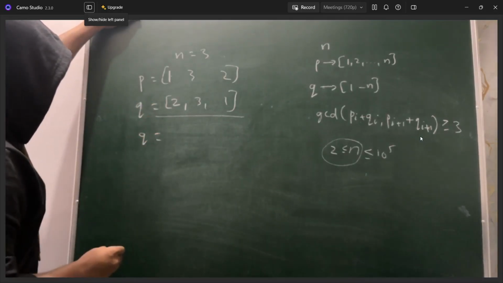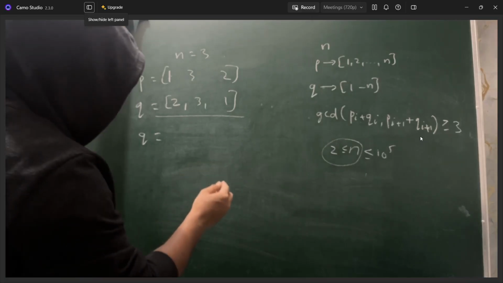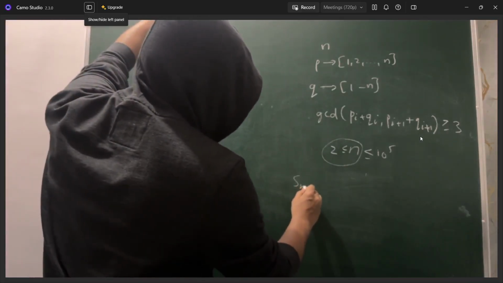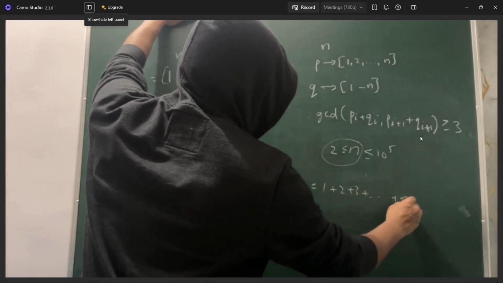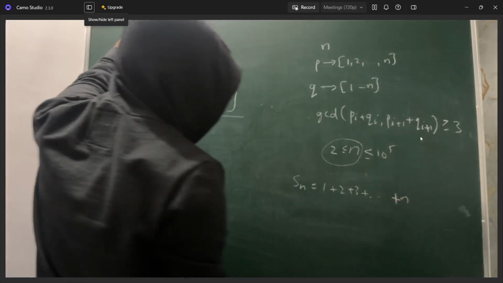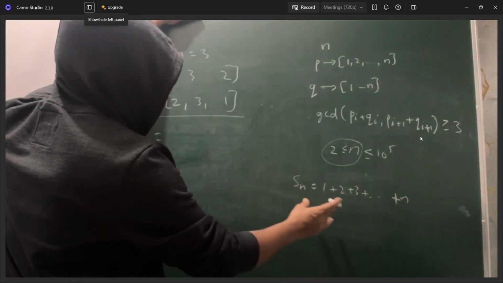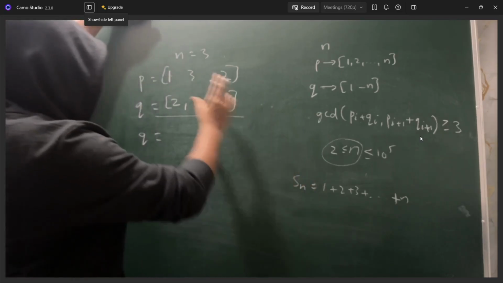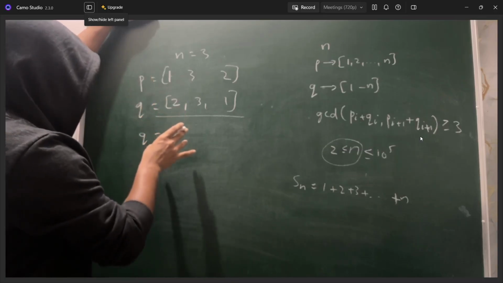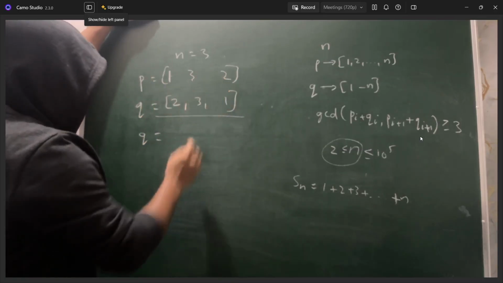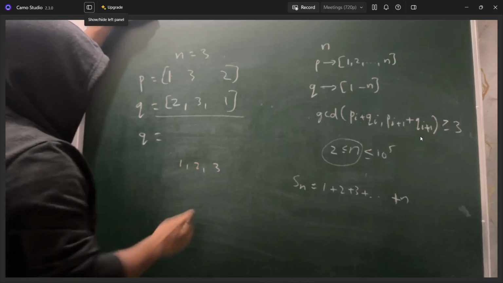What if you know the sum of n natural numbers? The sum of n natural numbers will be 1 plus 2 plus 3 up to so on till n, right? If you know how to derive the formula for the sum of n natural numbers, you can take one more combination. So what I'm trying to say is that whatever elements are there, let's say 1 2 3 is one of the arrangements.